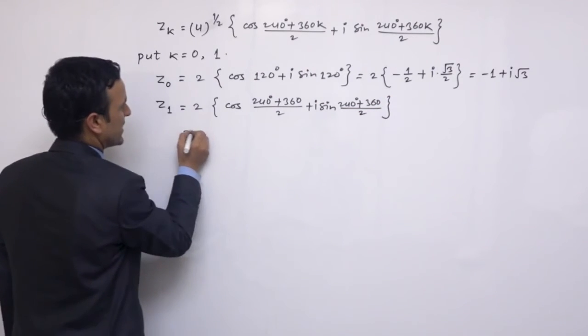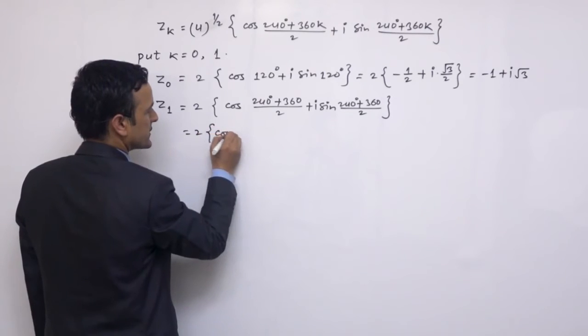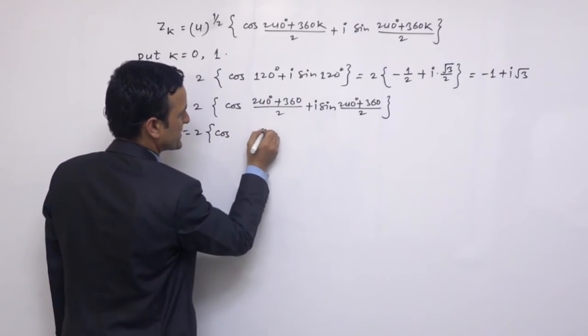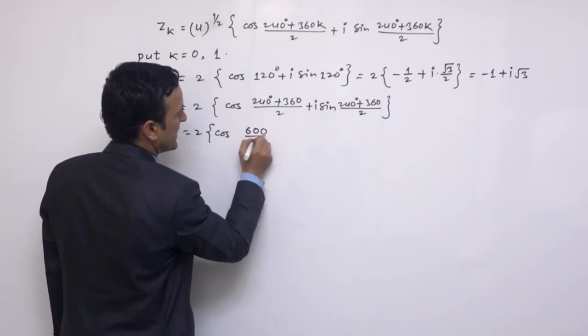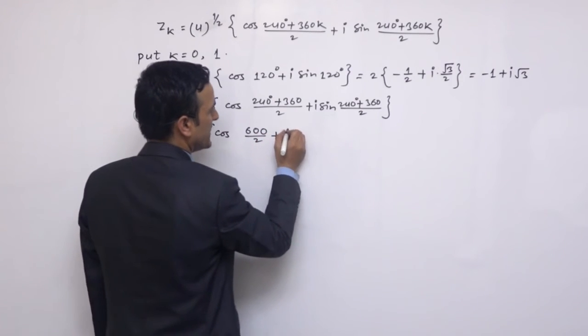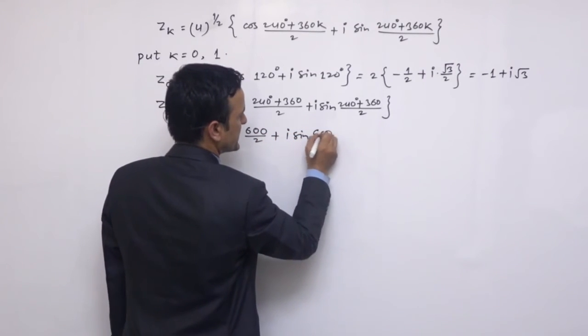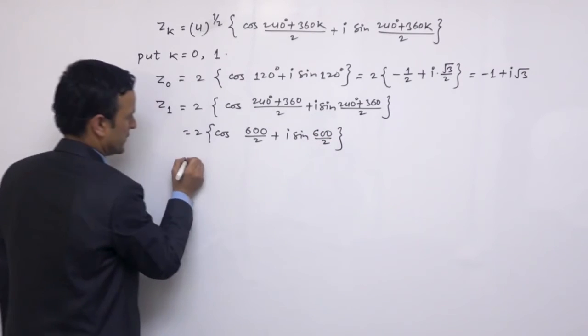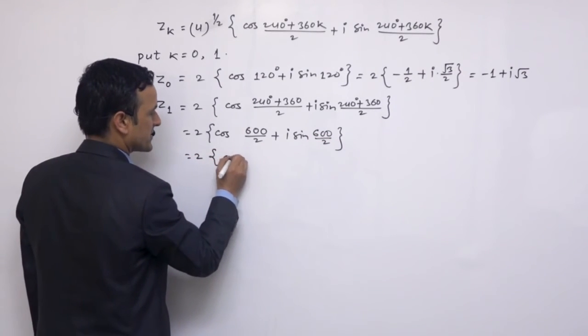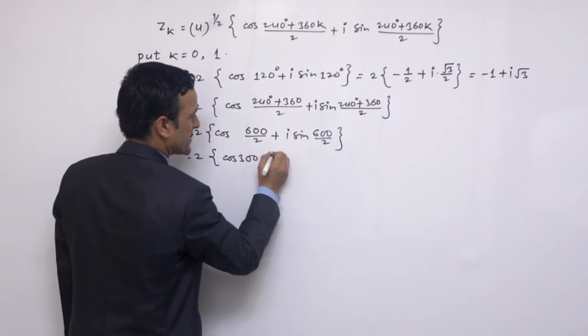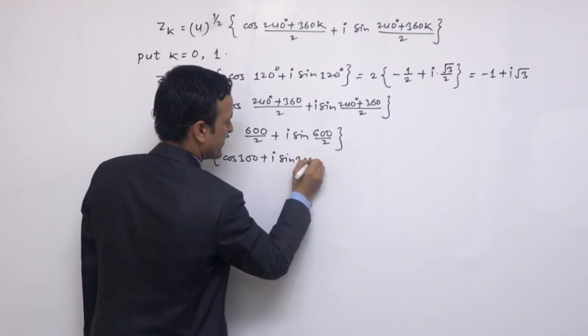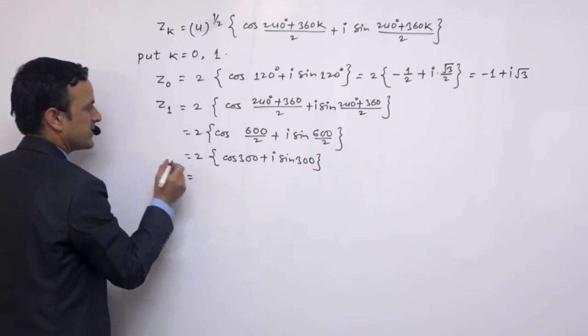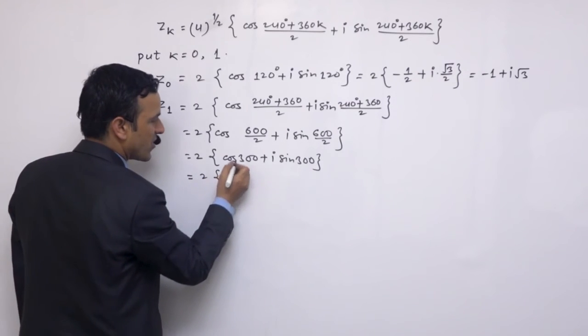If we solve it, then we get cos 600 divided by 2, and I sin 600 divided by 2, and 2 times cos 300 plus I sin 300.